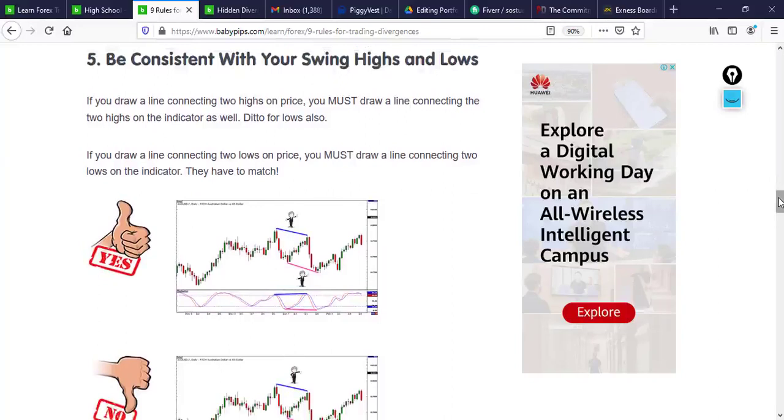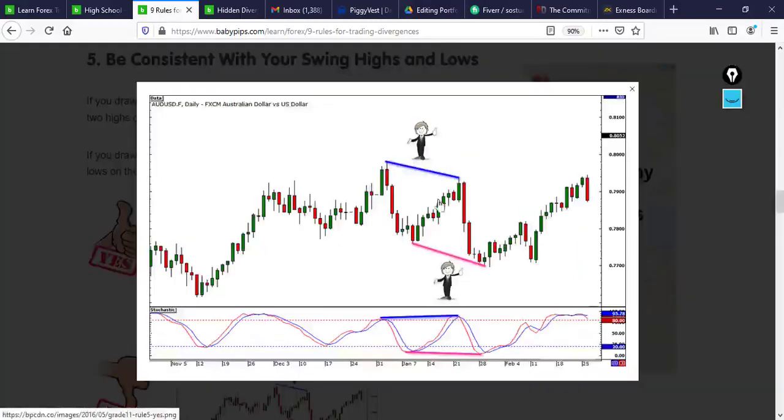If you draw a line connecting two highs on price, you must draw a line connecting the two highs on the indicator as well. Do so for all of them. If you draw a line connecting two lows on price, you must also draw a line connecting two lows on the indicator. Now this is a perfect one to go with.